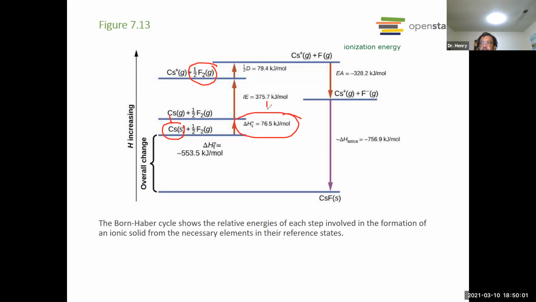So this is this plus this, and then this gives us this forming. Now fluorine is ready to accept that electron. If fluorine accepts that electron, that's your electron affinity energy, and we can find that on the periodic table as well. I'll show you where it's at in a second.